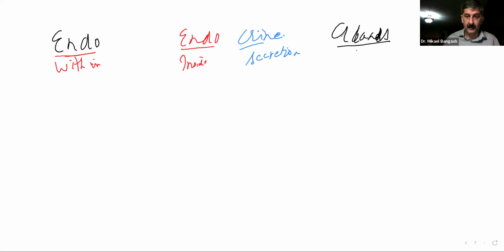But these glands will be called endocrine mainly because the secretion that they secrete is secreted into the blood.